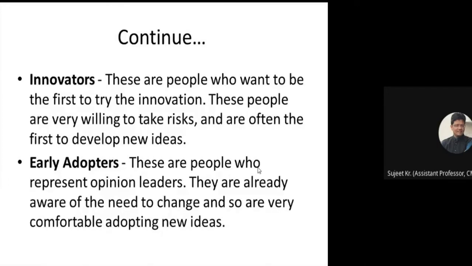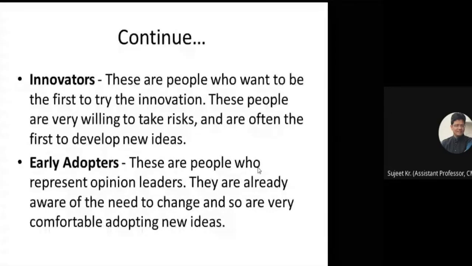Then the second one, early adopters. For this category of people, you need to provide them some leaflets. You have to provide them certain information, some do's and don'ts, how to adopt these things, how it will affect their life. These early adopters need certain information. So then only they will go ahead.